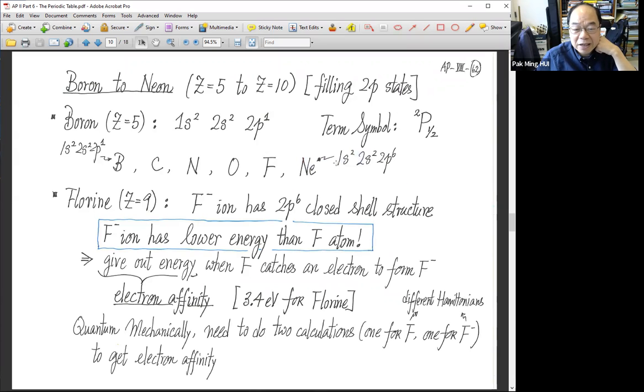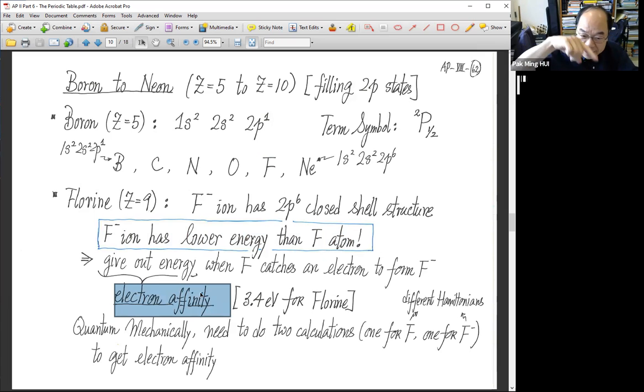Okay, so this is an inert gas. It doesn't do much about chemistry. It doesn't like to bond with anything. But fluorine is active, very active, as we already mentioned. Given this one more electron actually has a lower energy than a neutral atom, that difference is called the electron affinity. You already saw this periodic structure, okay?